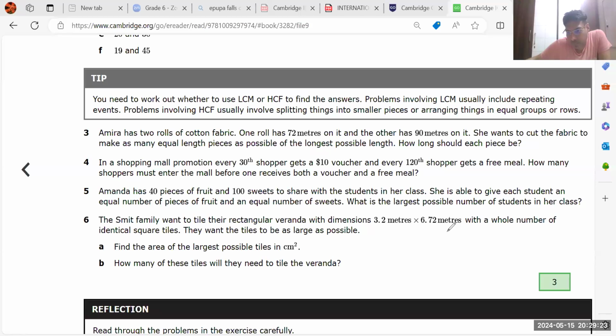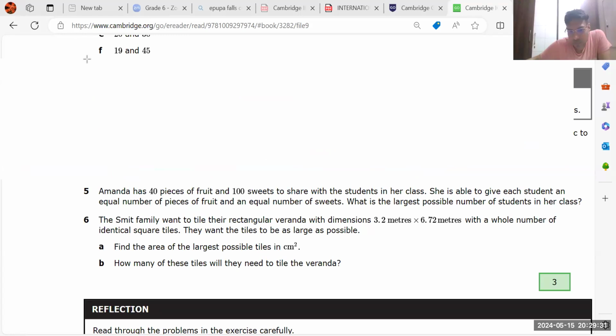The screen share stopped. So for the A part, the answer will be 10 centimeters square. But let me explain you.